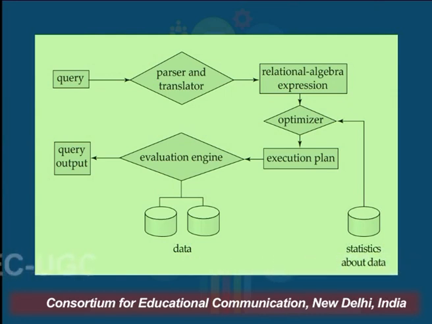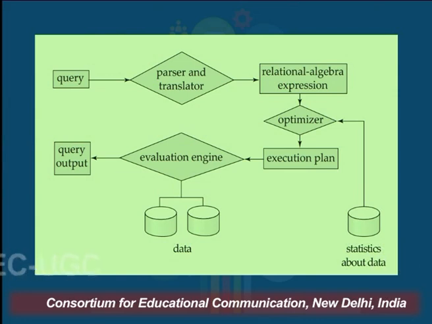After this parsing and translation, the corresponding relational algebra expression is generated. After generation of this relational algebra expression, the query is optimized. Now what is the meaning of optimization in terms of query? I'll be coming to that in a short while, along with a concrete example.